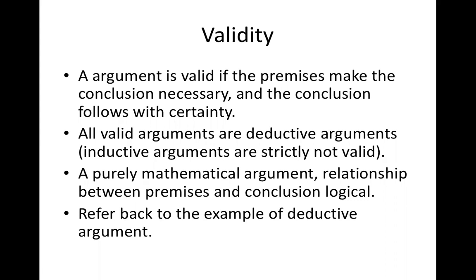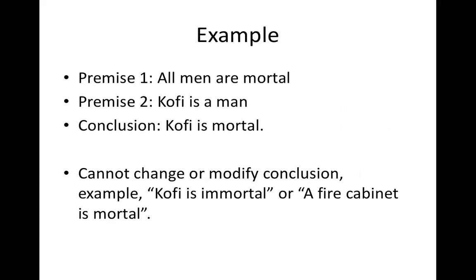Now we said that in a deductive argument, the premises make the conclusion necessary. If you look at this argument, all men are mortal, Kofi is a man. Do they make the conclusion necessary? Yes. And then the conclusion follows with certainty.